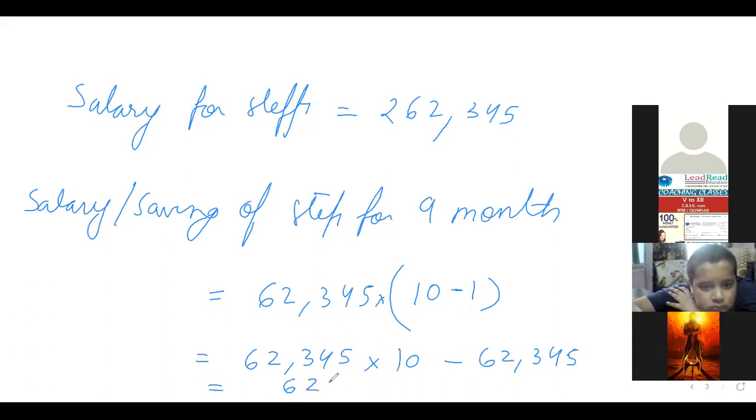So 623,450 minus 62,345. Okay, Samarth, what is the answer? Just put it in the chat box. Okay, ma'am. And others also put it in the chat box. Ma'am, I have sent the answer to you. Is that correct?